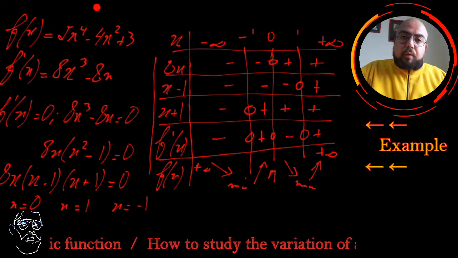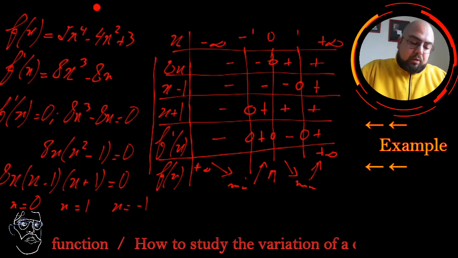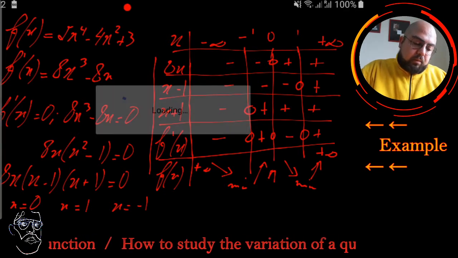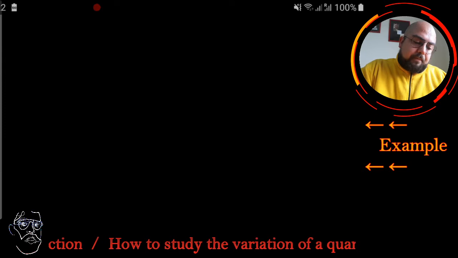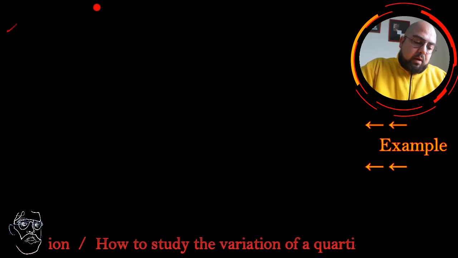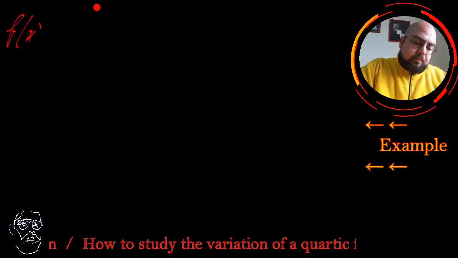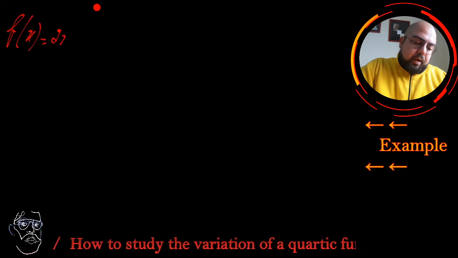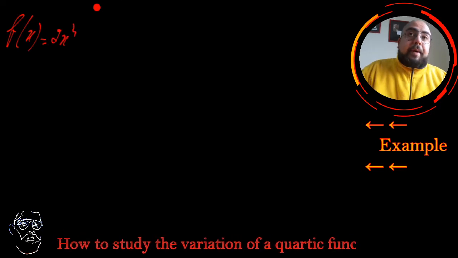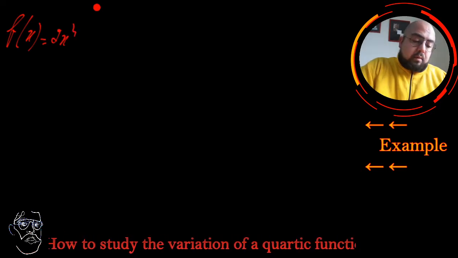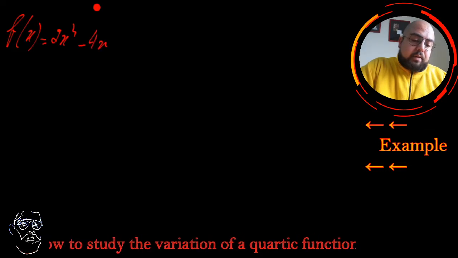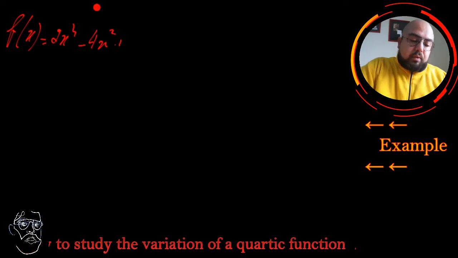We're going to calculate for each value, of course. So the next step will be f(x) is equal to 2x^4 minus 4x^2 plus 3.